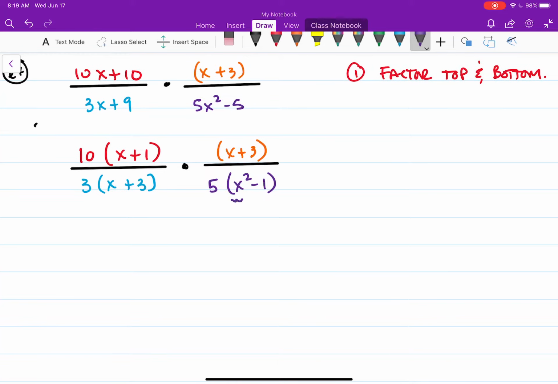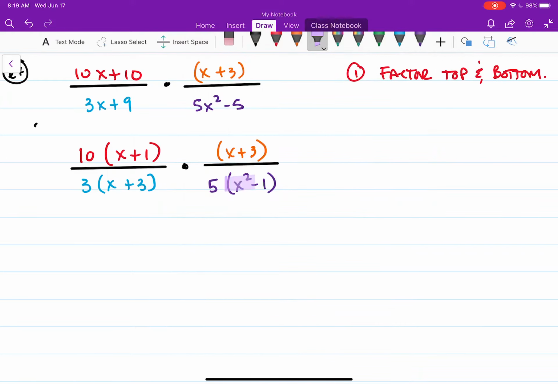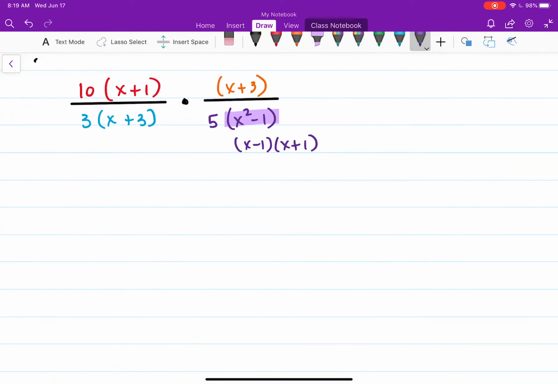Because x squared minus 1, there is a purple here, this x squared minus 1 is actually the difference of two squares. So that actually factors further to x minus 1, x plus 1, because that's the difference of two squares. So now I got to rewrite the whole thing.